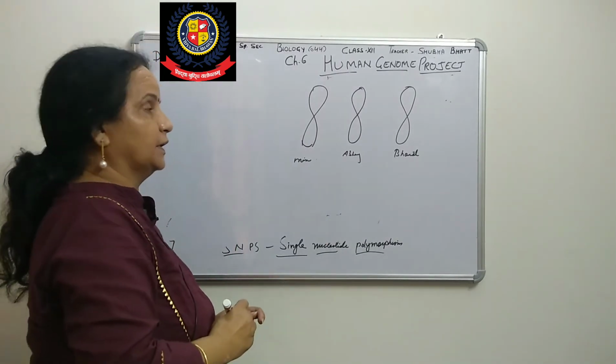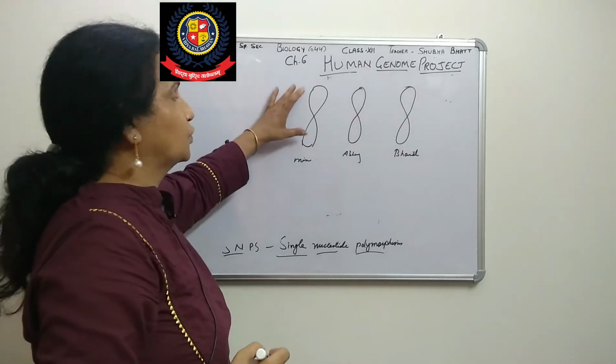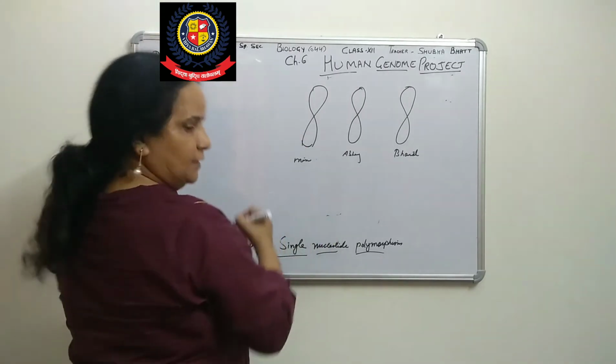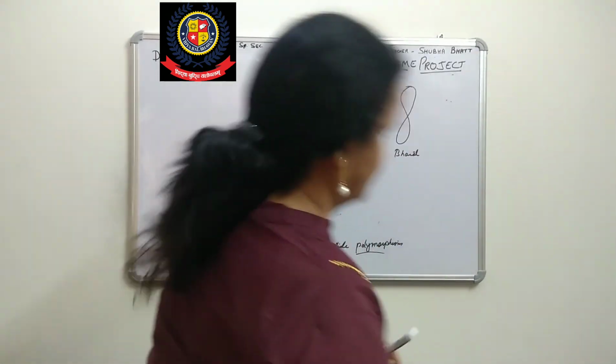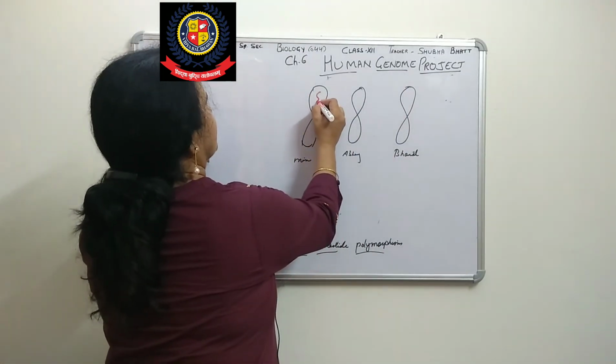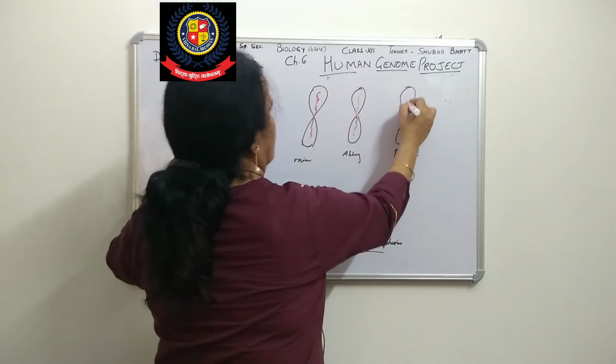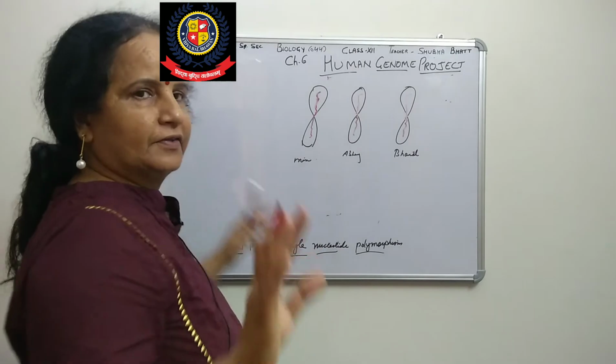Now what will be there in those chromosomes? Nucleotides are there. 99.9% of nucleotides are the same. Here, if we draw with another pen, just to see if it is working, this one, this one, this one: 99% are the same.